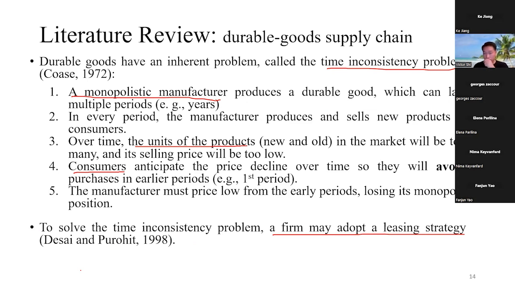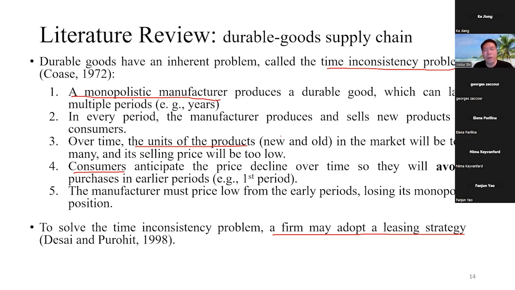After 2 years, all those products will go back to the firm, right? Then the firm is going to decide how many units will be in the market. So this is a classic approach. There is also other research talking about other solutions to this time inconsistency problem.